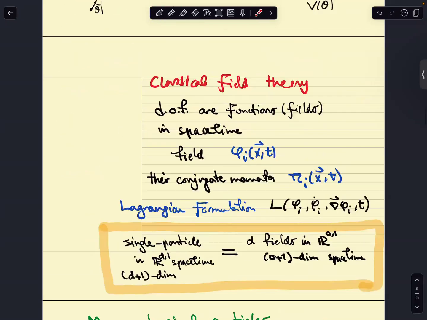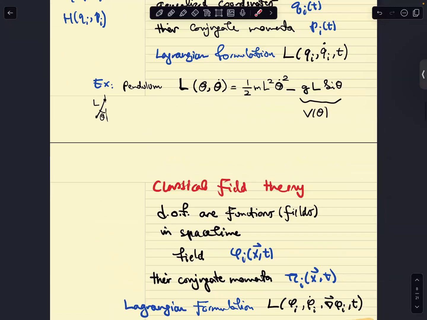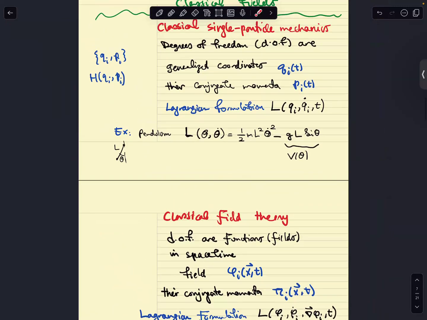All right. So I want to contrast this with, let me put them in the same slide, classical field theory. In classical single particle mechanics, the degrees of freedom were a bunch of generalized coordinates and their conjugate momenta. They're functions of time. Here, the degrees of freedom in classical field theories are functions, fields in space-time.